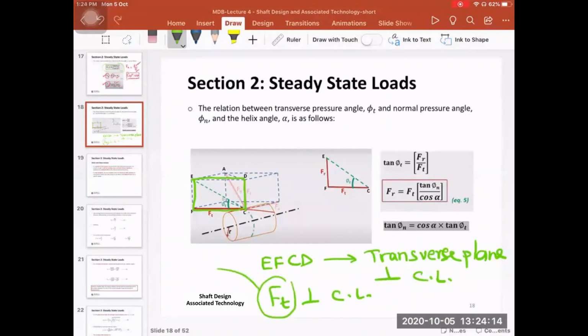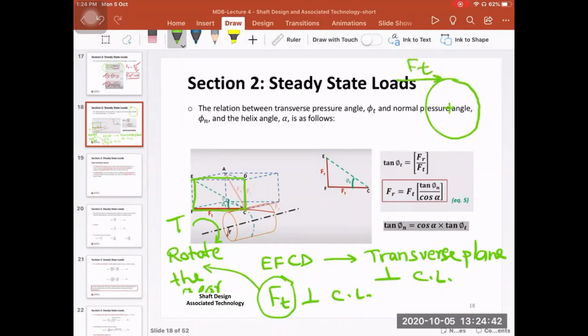This force Ft tries to rotate the gear. So this is the force that we normally use, or when we have a torque here, we use this torque to calculate the Ft. It's as if this is the pitch circle, and then you have Ft in this direction.